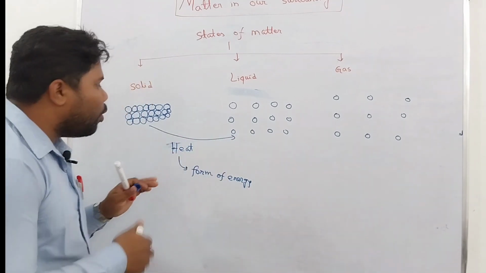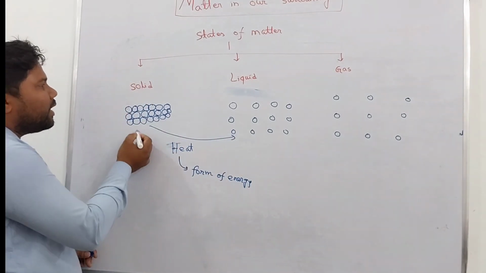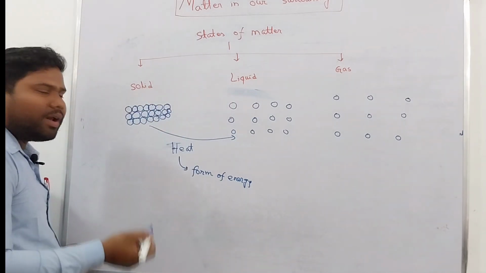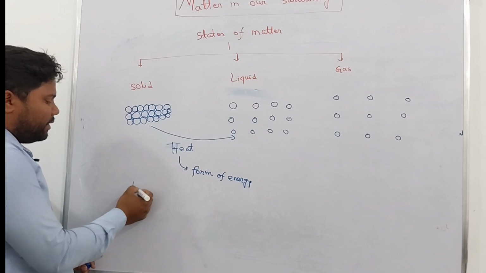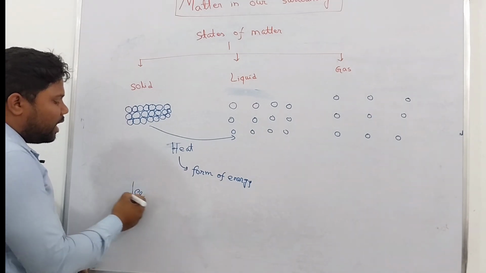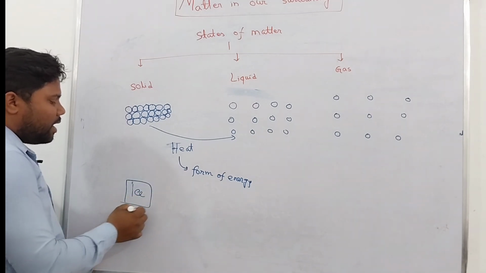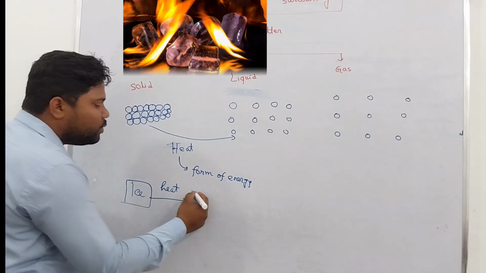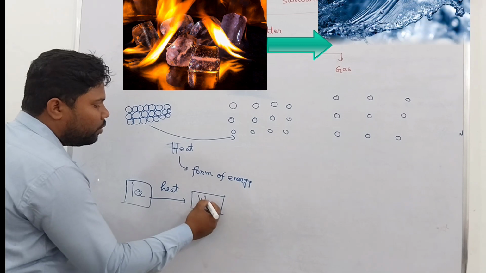That is why when we give heat, these solid particles turn into liquid. For example, I have an ice. Suppose this is the ice. And if we give heat to the ice, then automatically ice will convert into water.